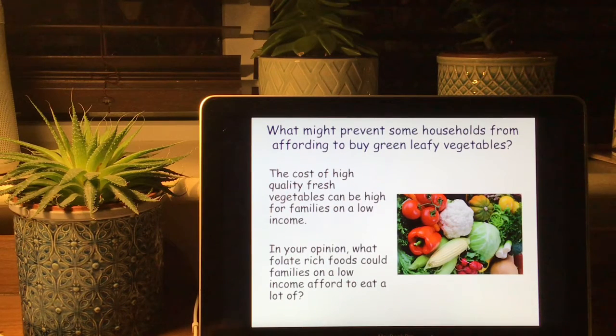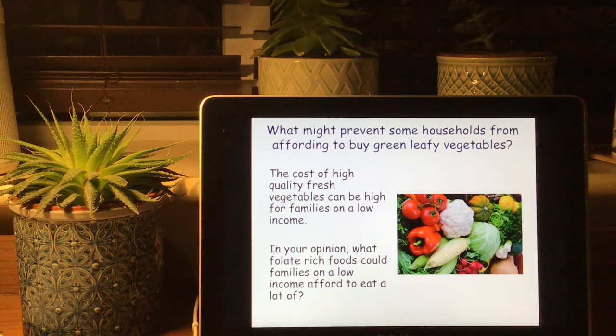So also in the article, there was an indication as to why some households might be prevented from affording to buy green leafy vegetables. And you may or may not be familiar that the cost of vegetables, maybe from farmers markets sometimes, and good quality grocers, can sometimes be quite high.